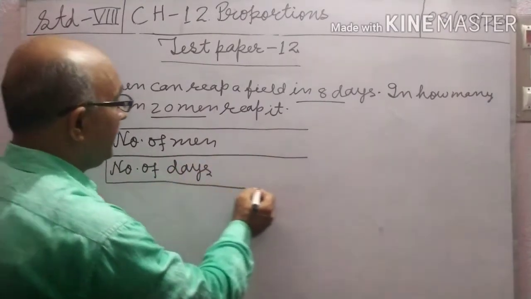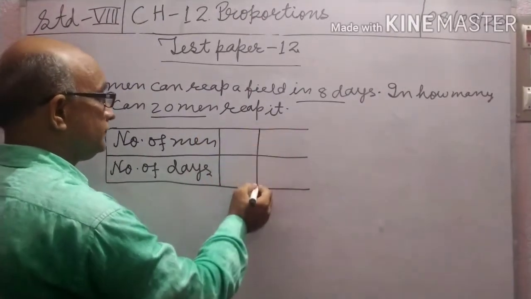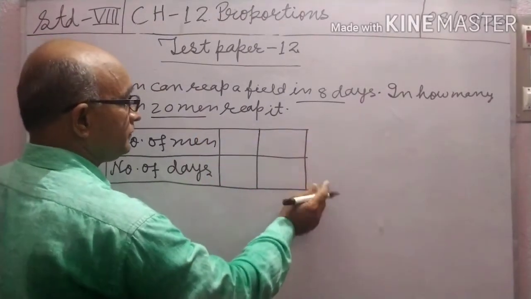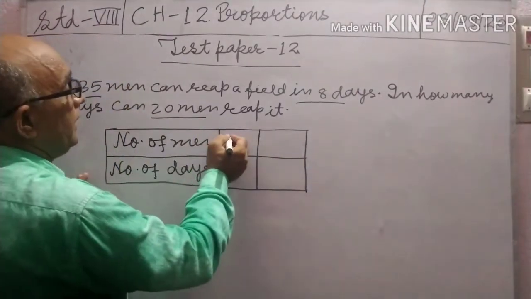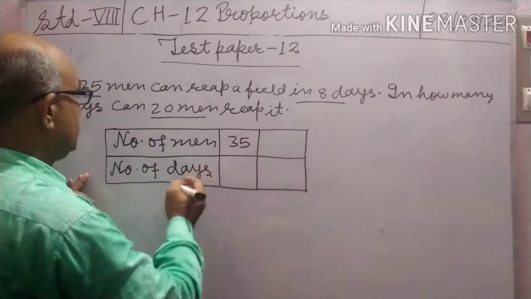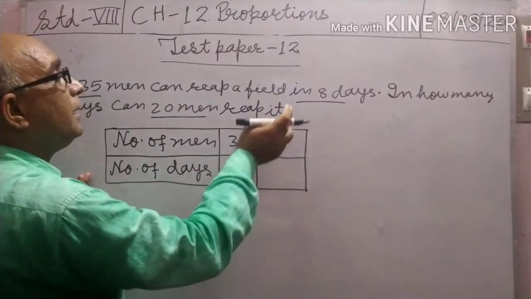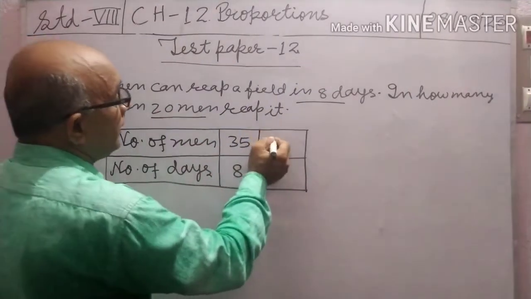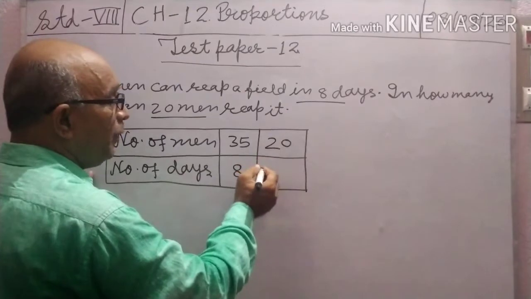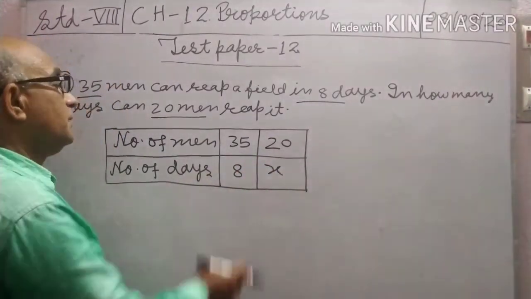Number of men is 35, reaping a field in 8 days. Now number of men is 20. Let the required number of days be x.